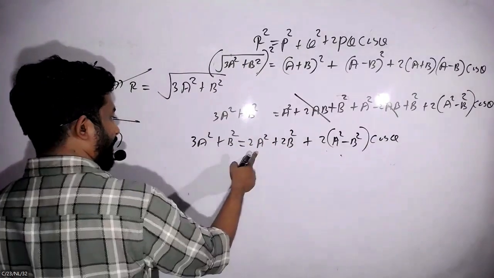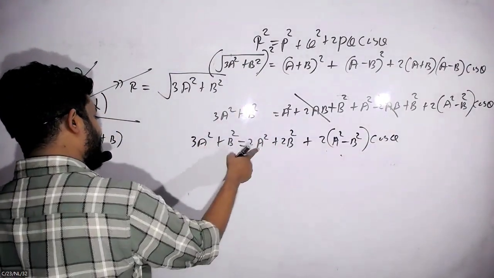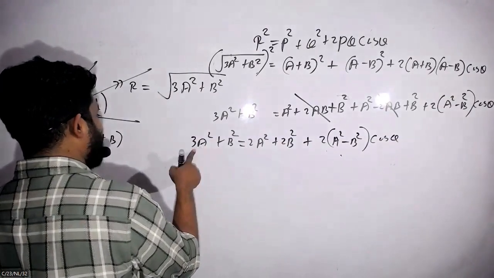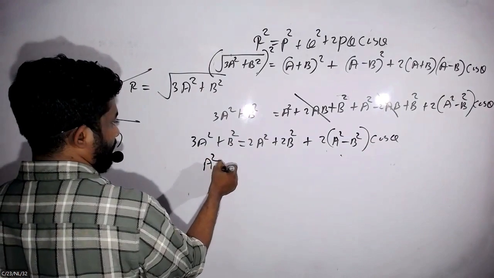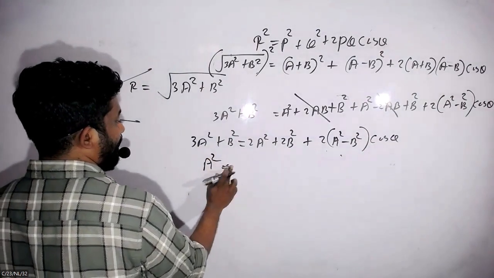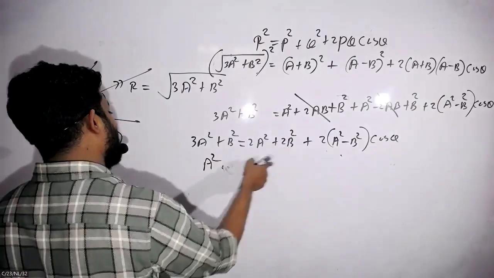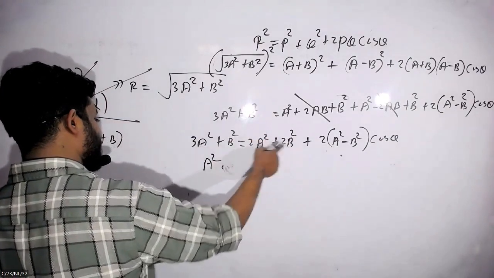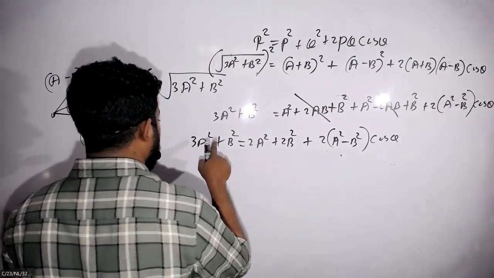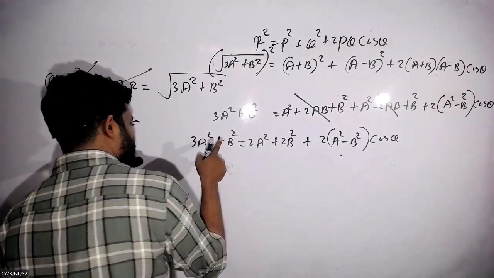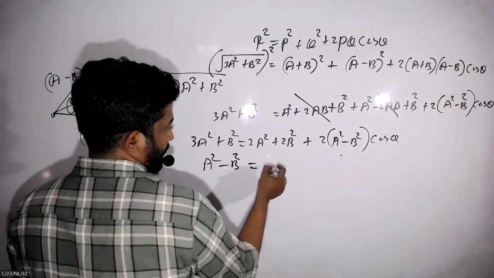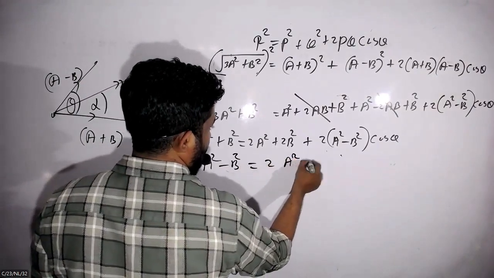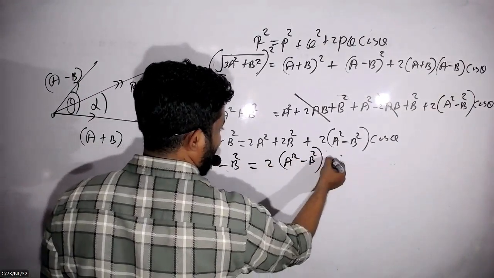පුතේ මෙයා cancel වෙනවනේ 3a. මෙයා මේ පැත්තට ගේනකොට minus 2a squared, then 3a squared minus 2a squared, a squared. Same thing here පුතේ, b squared. When you bring the term from here to here, minus 2b squared plus b squared, minus b squared. 2a squared minus b squared නියමයිනේ.